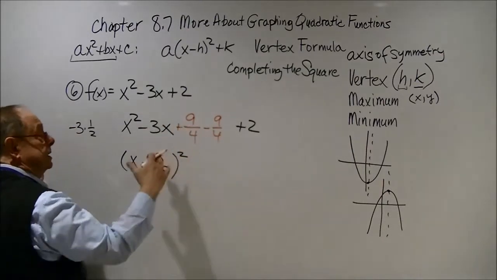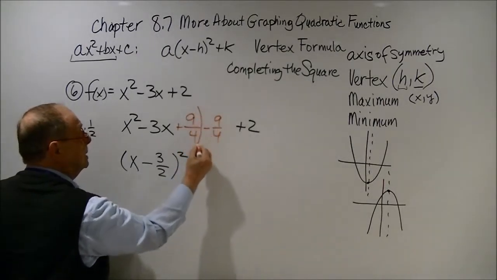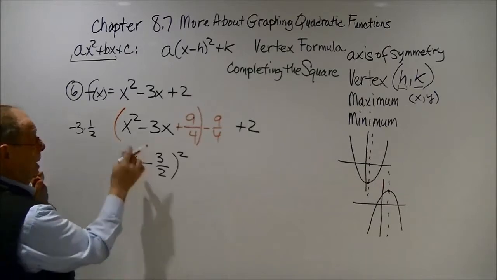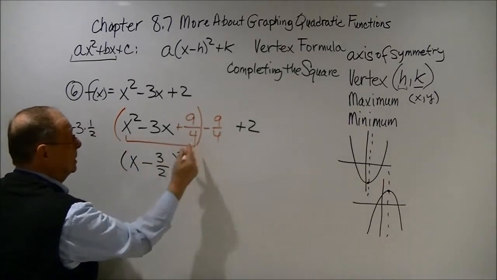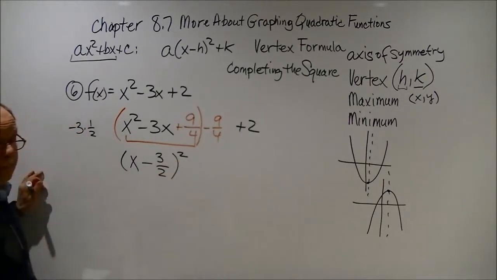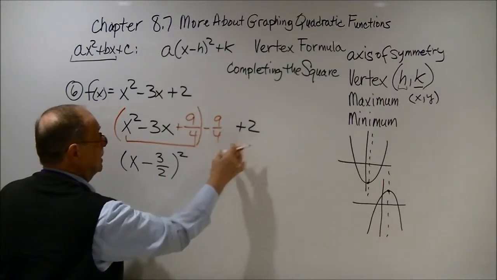But I'm using it for this technique. So I'm now going to put a parenthesis there, and this is what I'm factoring into my binomial that I'm squaring. And now I have to add these two together.